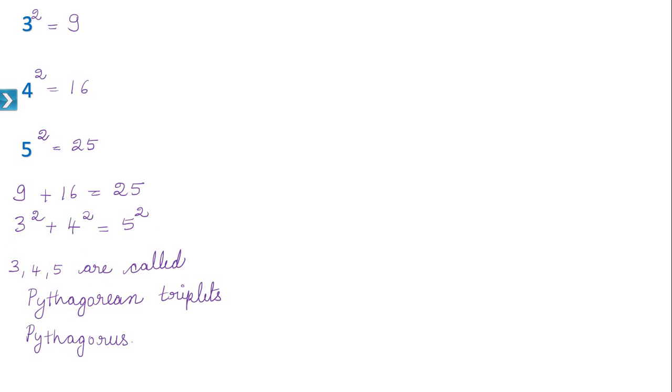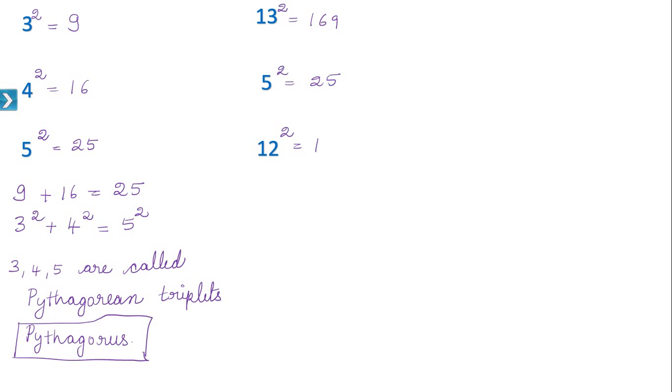Now, let us see one more set of Pythagorean triplets. Observe these numbers. Now, find the square of these numbers. 13 square is equal to 169, 5 square is equal to 25, 12 square is equal to 144.